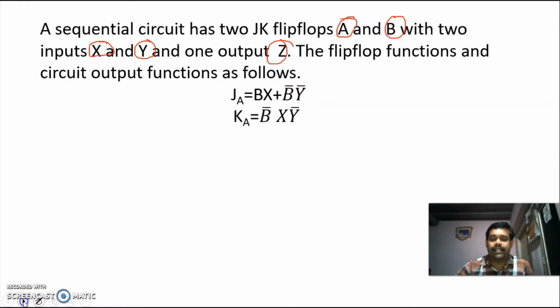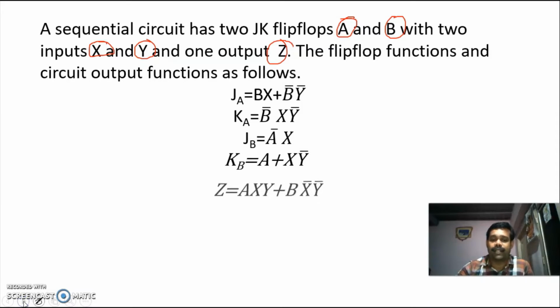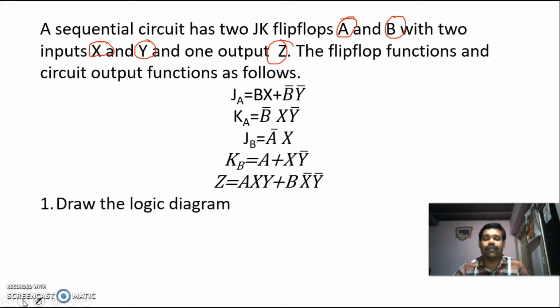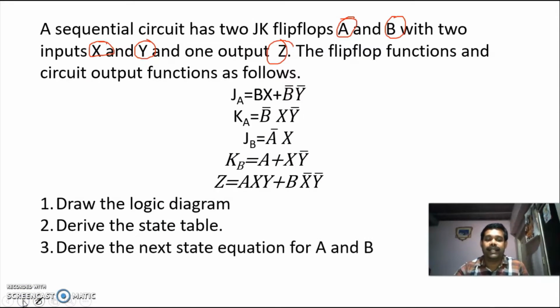Here in this problem, instead of giving the sequential circuit, they have given the flip-flop input functions and output functions. And they are asking us to derive first the logic diagram, second the state table, third the next state equations for A and B, and fourth the state diagram.